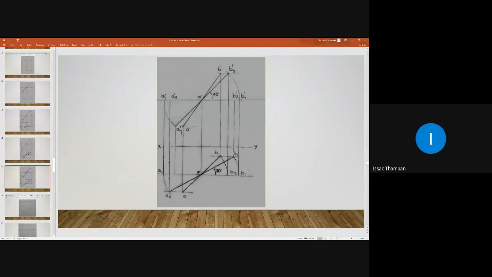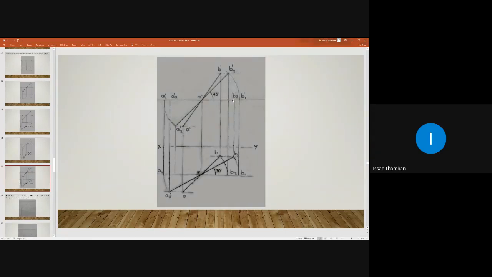So we have obtained the projections. We have to make sure that it is correct. So you take your compass and take radius m dash a dash in your compass, and with m dash as center, draw an arc and make sure that it is passing through a3 dash.